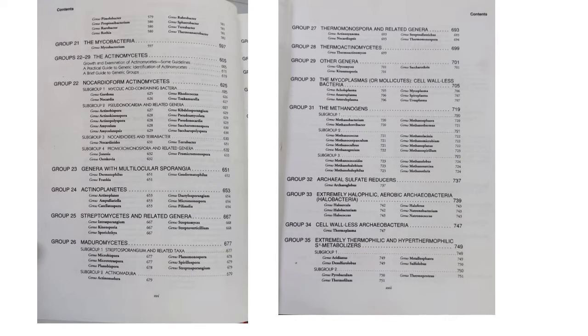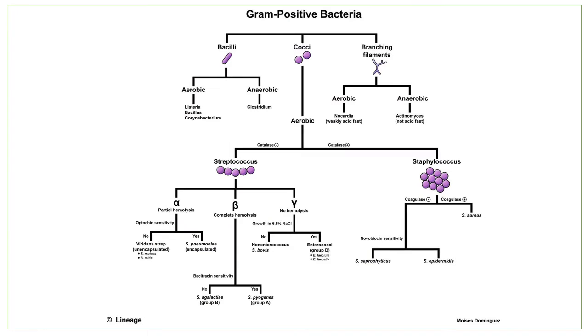Okay, so we have covered all four categories under 35 groups. So you can imagine the number of genera and species covered by this single book. You just need to identify properly which category and group my genus belongs to, and then you can perform biochemical tests and identify your genus.